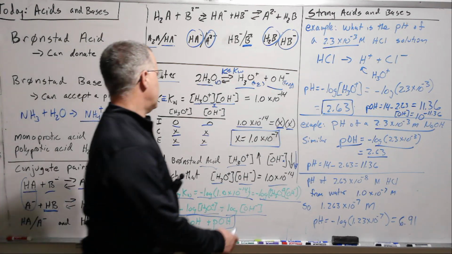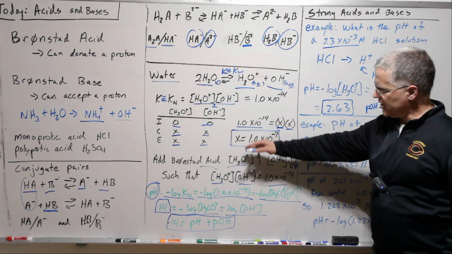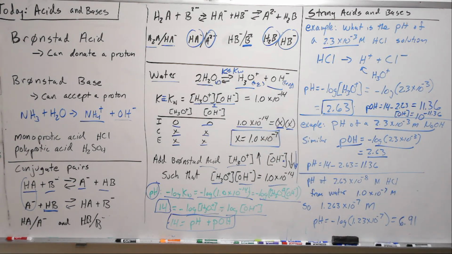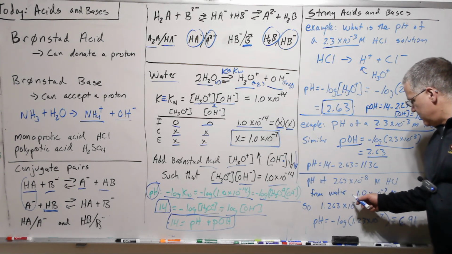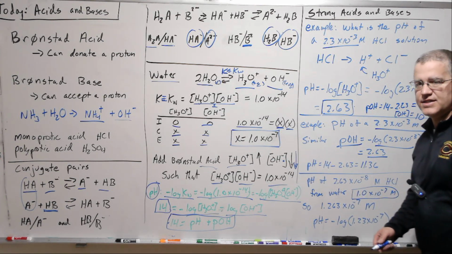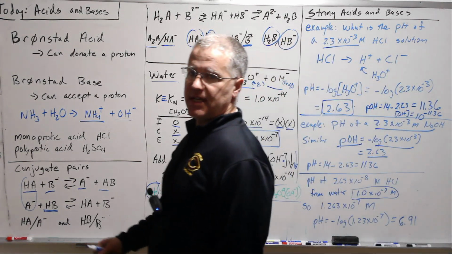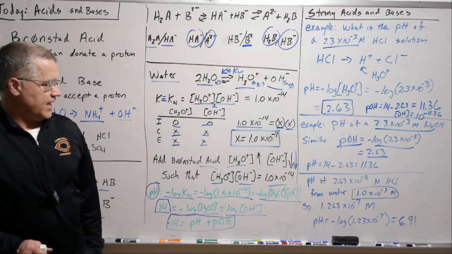Well, we know now, and we talked about it before, but we know now here with the ice chart that the concentration of H plus from water is 1 times 10 to the minus 7, which is bigger than 2.3 times 10 to the minus 8.